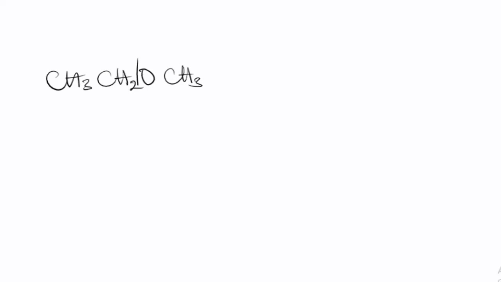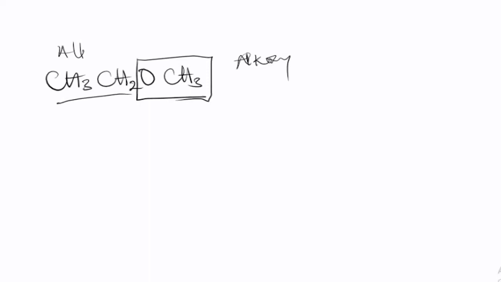So I'll go ahead and pick this to be the alkoxy, and then this is the alkane. So I'll simply name this by naming the alkoxy group first and then the alkane group.